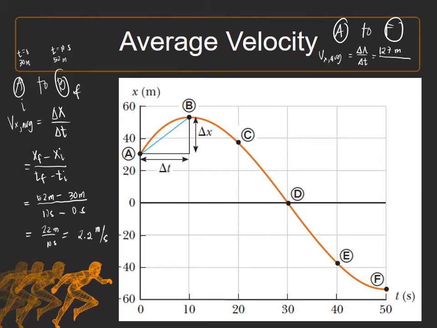So the time interval is 50 minus 0, that is 50 seconds. 127 divided by 50, that is 2.54 meters per second.